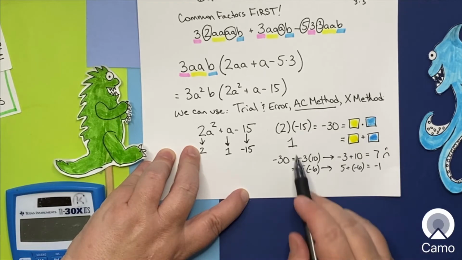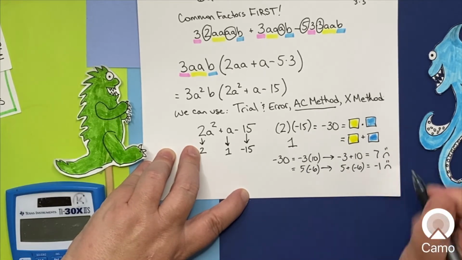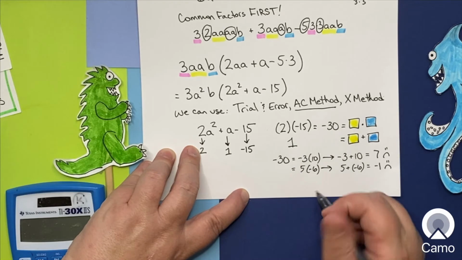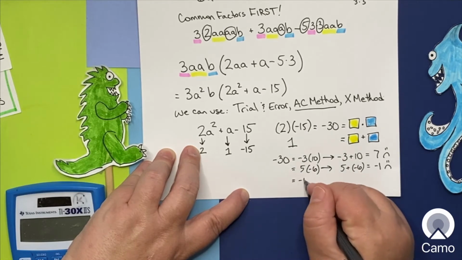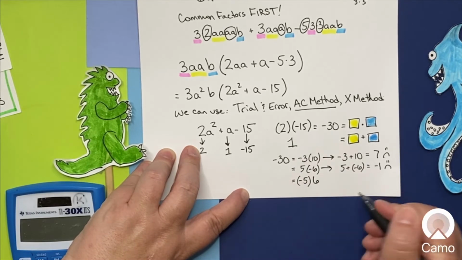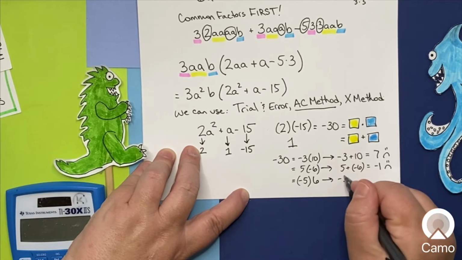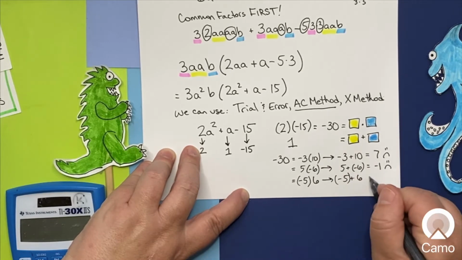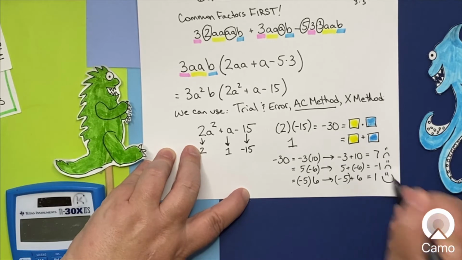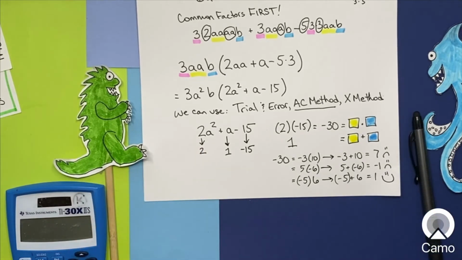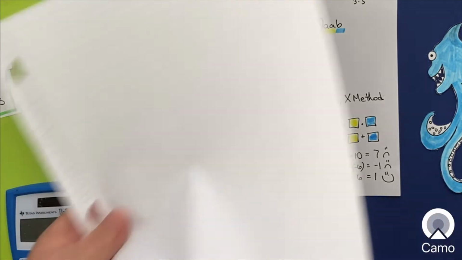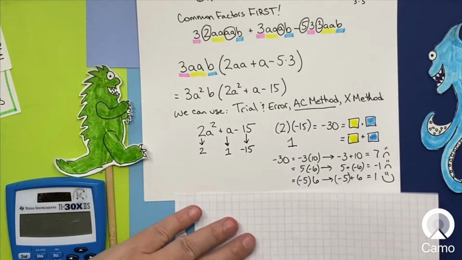That's not correct, but we're really close, right? If I get to -1 and I want to get to 1, so let me try -5 times 6. -5 plus 6 is 1. Yay! I did it! And yet I've run out of room. Okay, so let me go to the next page. I have a handy dandy extra piece of paper here.